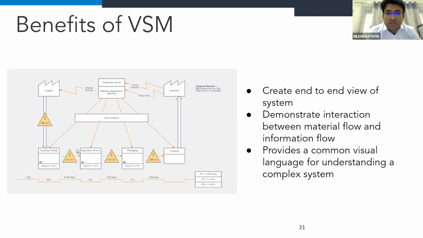So this demonstrates interlinking between the information flow and the material flow. No other tool explains so beautifully what a value stream map demonstrates. Third, it provides a common visual language for understanding a complex system. If you want to do an improvement at multiple workstations, value stream mapping is a very well-known tool.